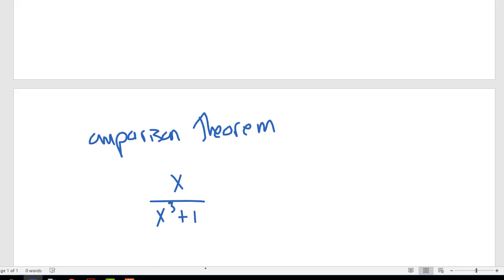So as the upper limit goes to infinity, as x goes to infinity, then what we're going to say in this scenario is the numerator is dominated by its leading term and the denominator is dominated by its leading term. So as x goes to infinity, in the denominator, the plus 1 ultimately becomes negligible.